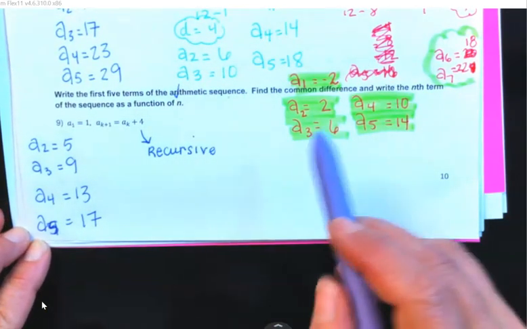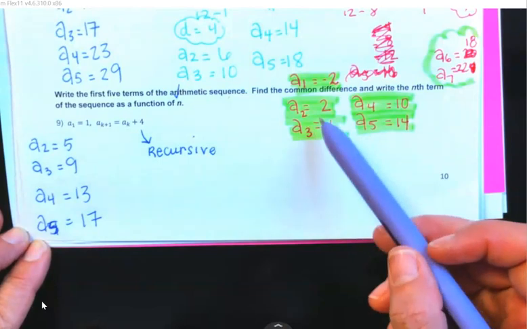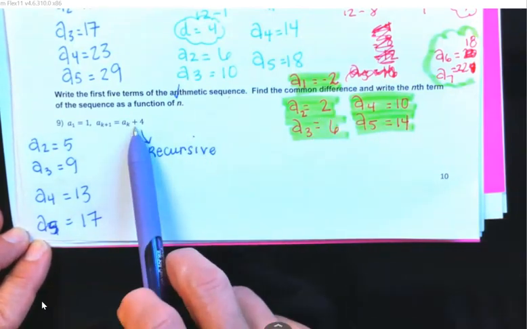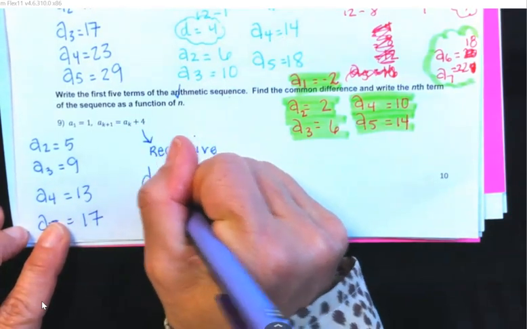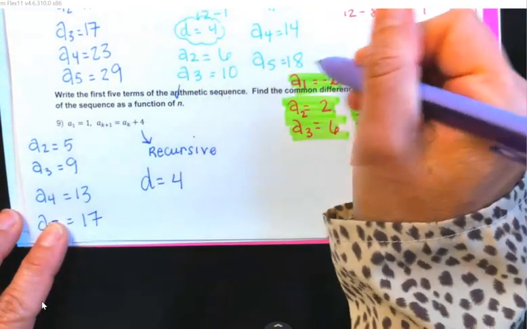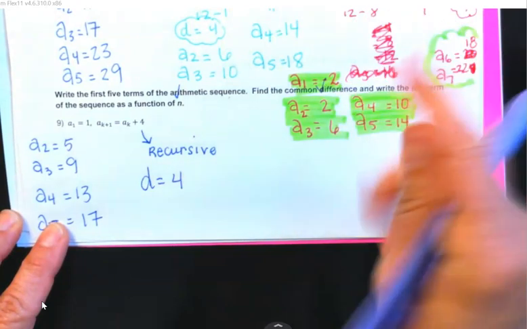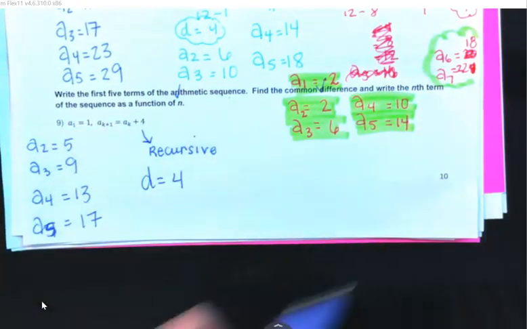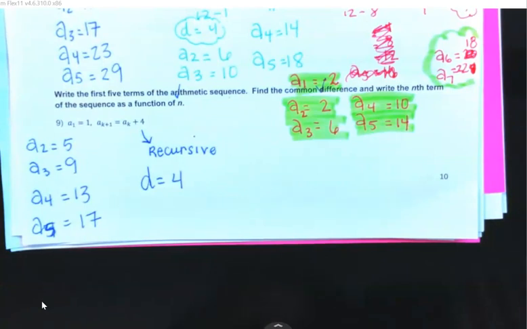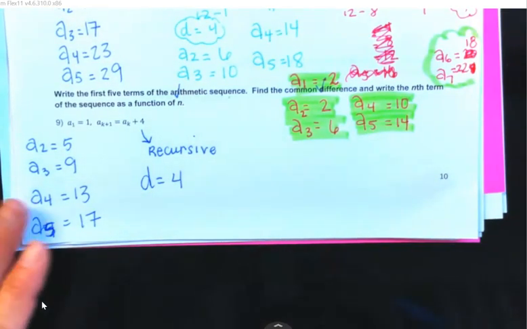The second part of our instructions is to find the D value. And remember, the D value is right here. I don't even have to find it. I just have to rewrite it. So the D value is 4. And then we need to write the nth term of the sequence as a function. So y'all, if I write the word function, you are going to have to know it's implicit. So here we go.